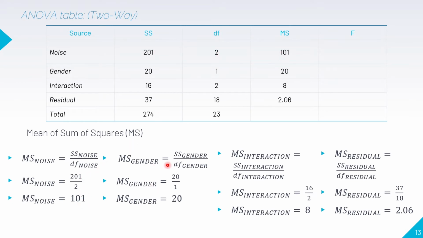In our gender, same, 20 divided by 1, we have 20. In our interaction, we have 16 over 2, and we have 8. In our MS residual, same, 37, its SS, over its df, we have 2.06.